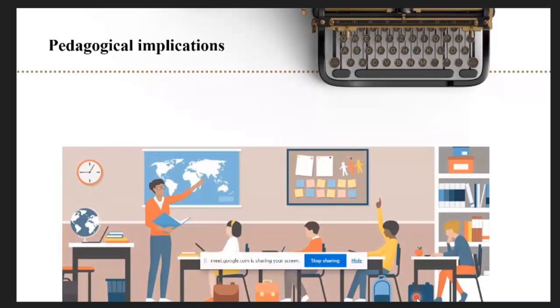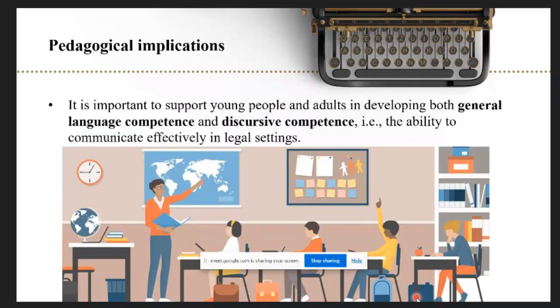What I mean here is general English and ESP courses. With what is said, it is really important to support young learners and adults to develop their discursive competence apart from their general language competence.